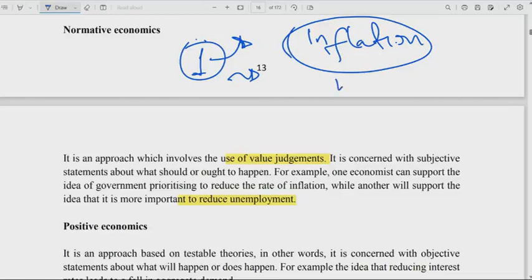So you can see one is actually saying one thing based on what he feels is of more value, while the other one is also saying something else, right? That's because everyone has the right to make their own judgment, right? So the normative is based on a value judgment or based on a subjective approach to economics. What you feel is more important, right?